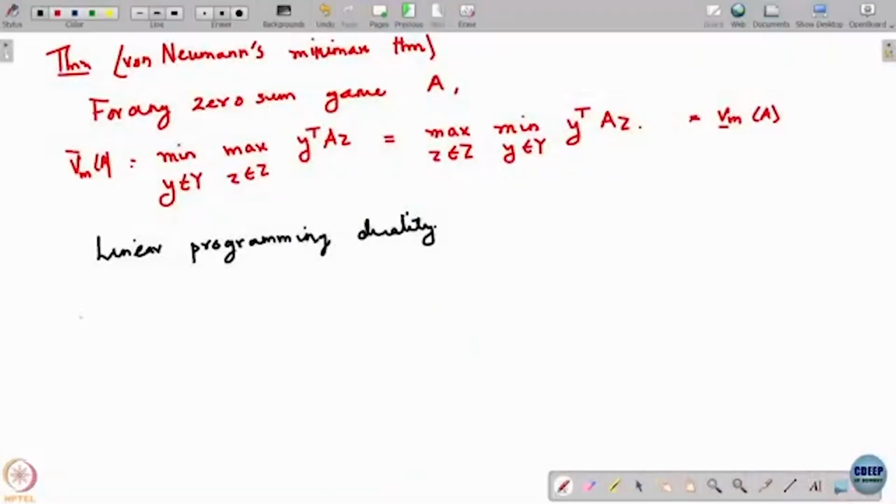We write two different optimization problems that are closely related to each other, formulated and crafted in a very specific way, and it turns out that if one of them has a solution, so does the other, and the optimal values are equal. I will write out a fairly general form of linear programming duality here.